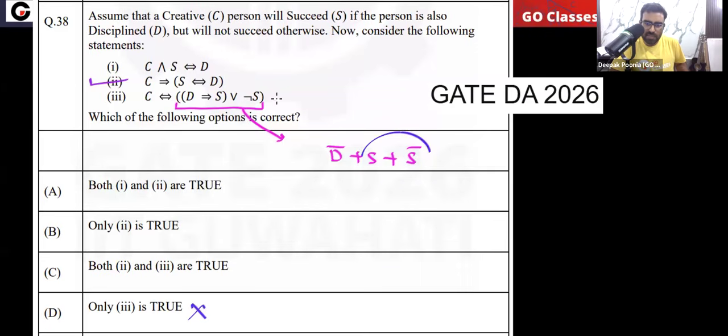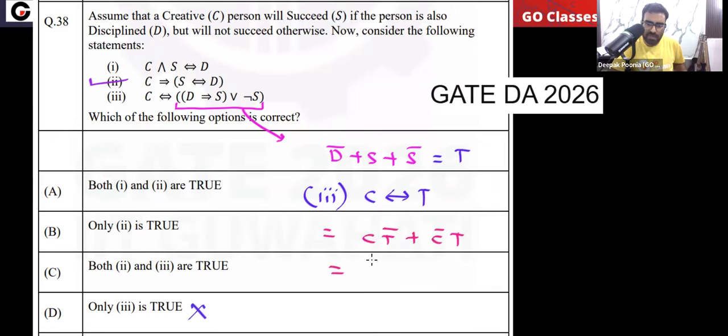Here it will be true, S or S bar will be true or anything that will be true. So you can see this will be actually true. So finally this third statement becomes C by implication true. What is C by implication true? I can write it C T bar or C bar T.